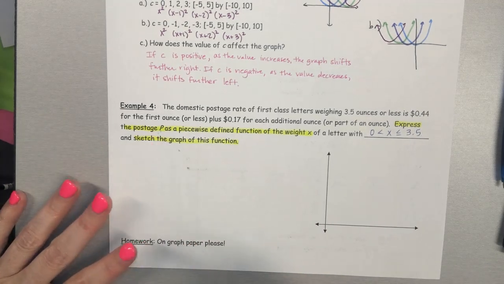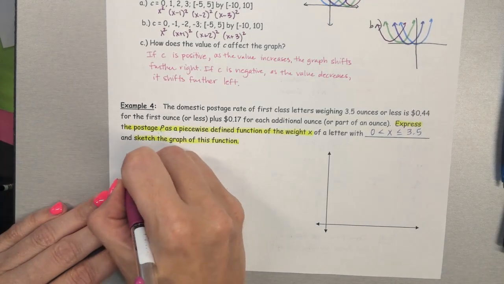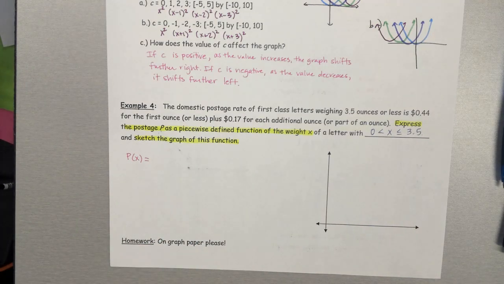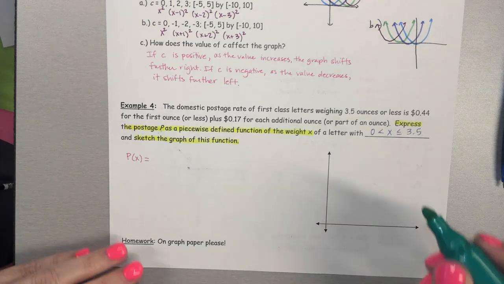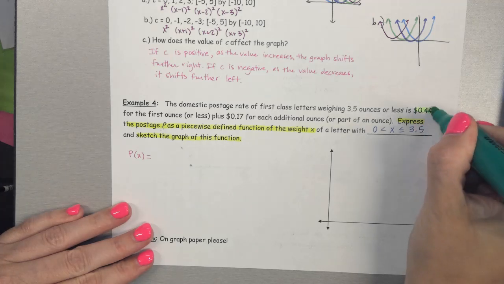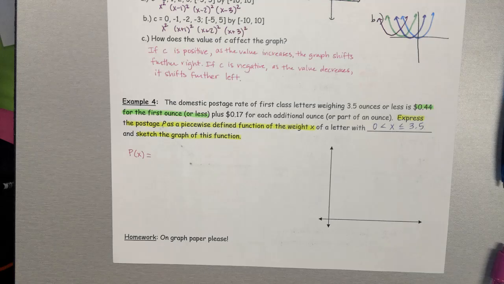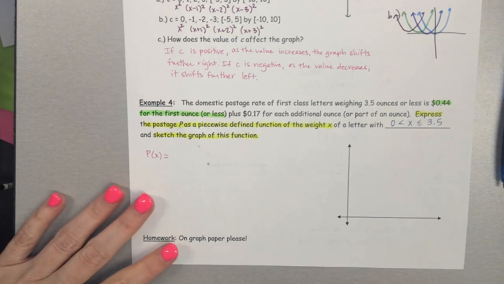Okay, so the postage P. So we're going to start with P of X equals, okay, and what they tell you is that it is 44 cents for the first ounce or less. So we can use that to get started.